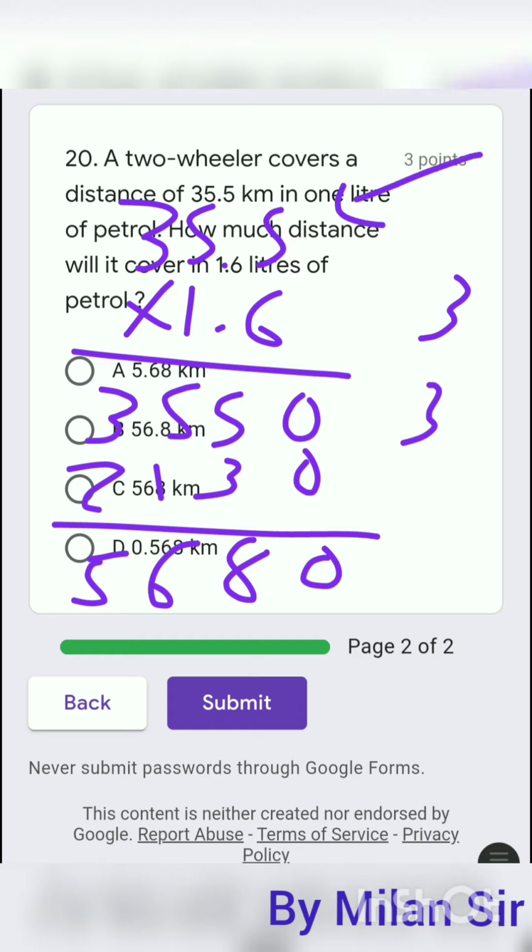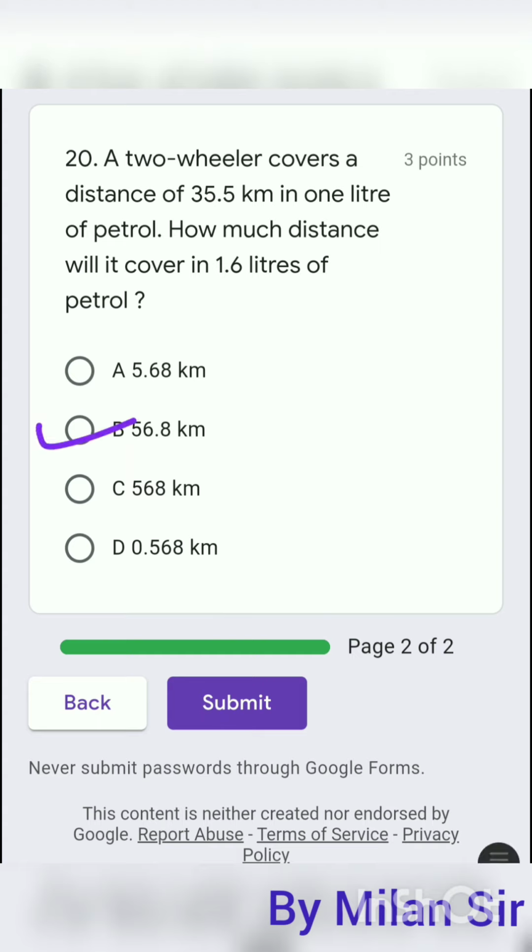Here before, one digit after the decimal point we have one digit, and here even after the decimal point we have one digit. So in the answer we need to put the decimal point before two digits. So 56.80, otherwise we can also say 56.8 kilometers. So 56.8 kilometers, this is the final answer.